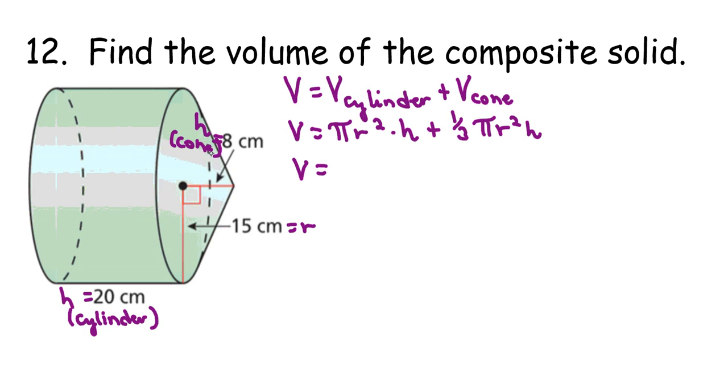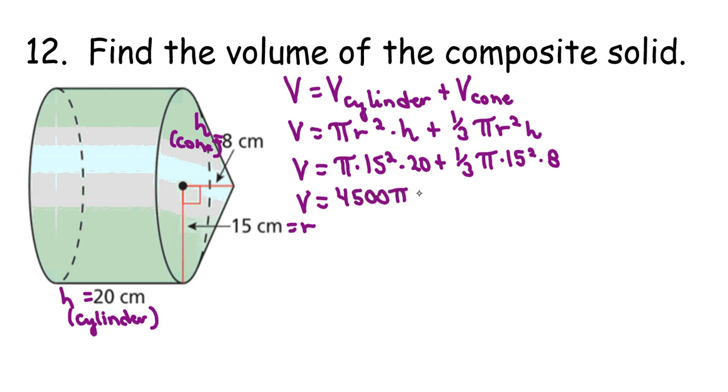Okay, let's see if we can plug those numbers in. So pi times 15 squared times 20 plus 1/3 pi times 15 squared times 8. So 15 squared times 20 is going to give us 4,500, 4,500 pi attached. 1/3 times 15 squared times 8 is going to give me a grand total of 600.